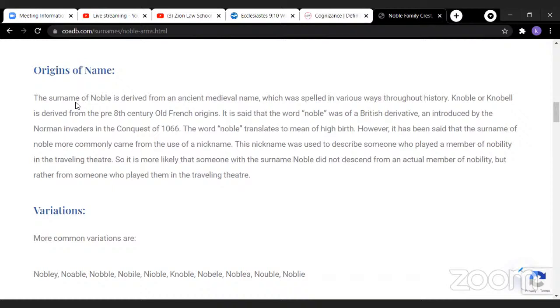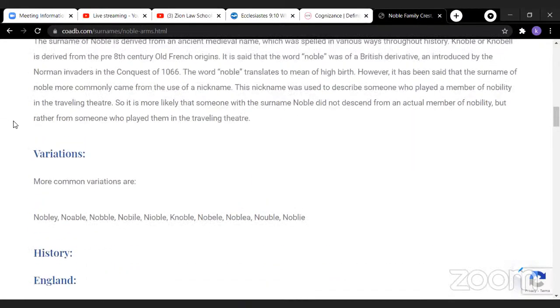However, it has been said that the surname of Noble more commonly came from the use of the nickname. The nickname was used to describe someone who played a member of a nobility in the traveling theater. So it is more likely that someone with the surname Noble did not descend from an actual member of nobility, but rather from someone who played them in the traveling theater.